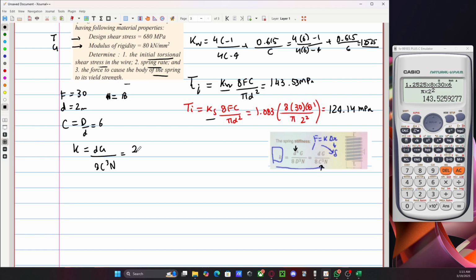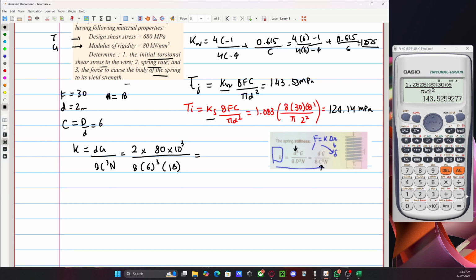So small d is 2, right? 2 times G is 80 times 10 to the power 3, or 1,000, over 8, what's C? C is 6, so 6 cubed times N is 18. So let's check what this will give us.